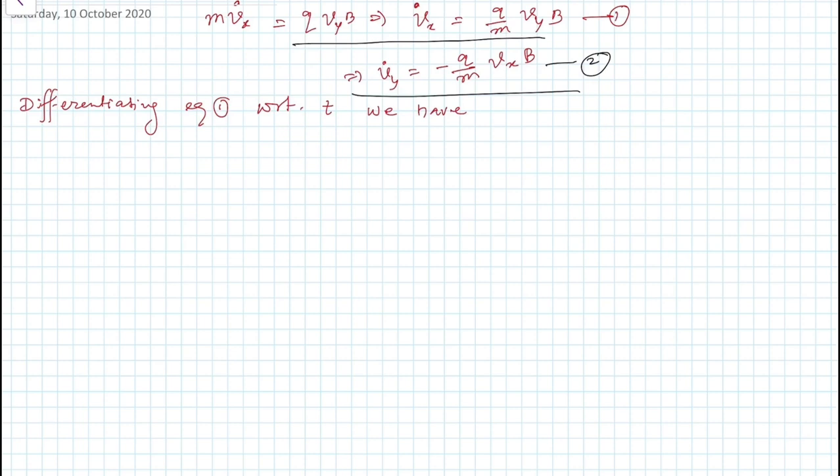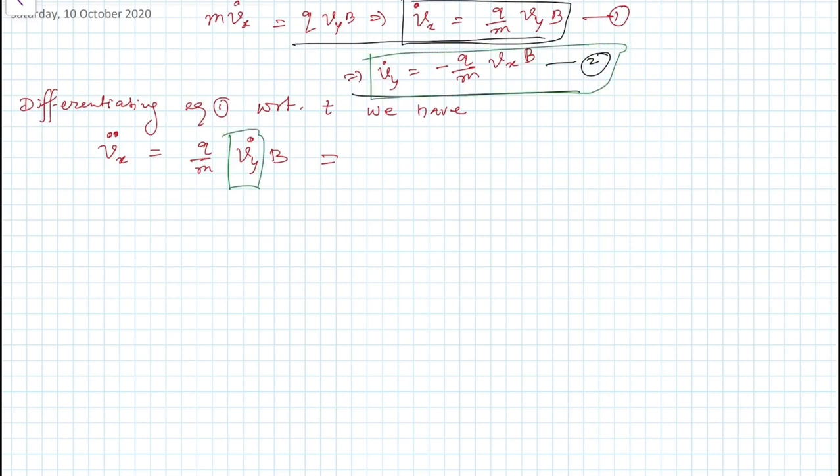If you differentiate this equation, then you will get vx double dot is equal to q by m vy dot B. Now you can replace this vy dot by the right hand side of equation number 2.